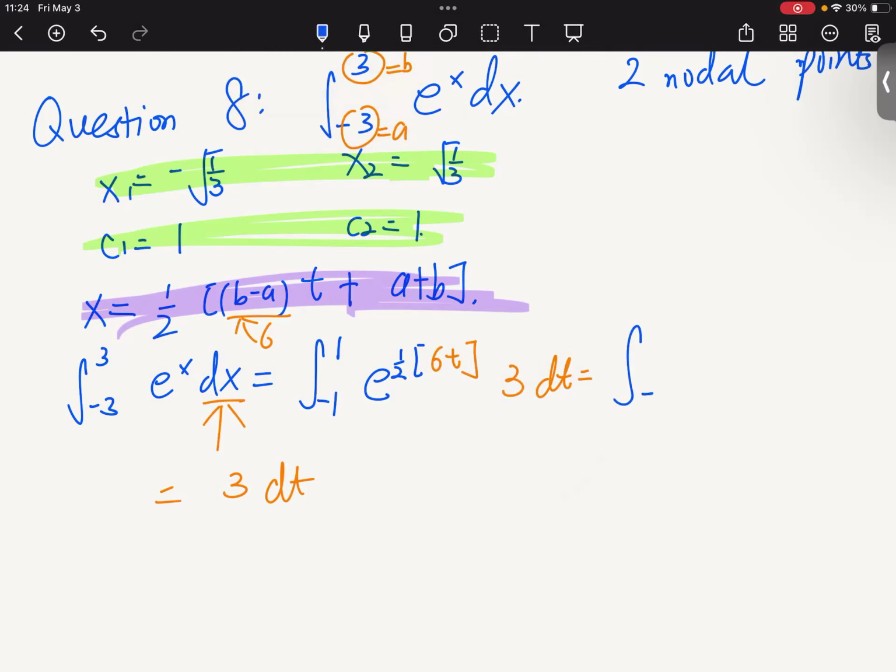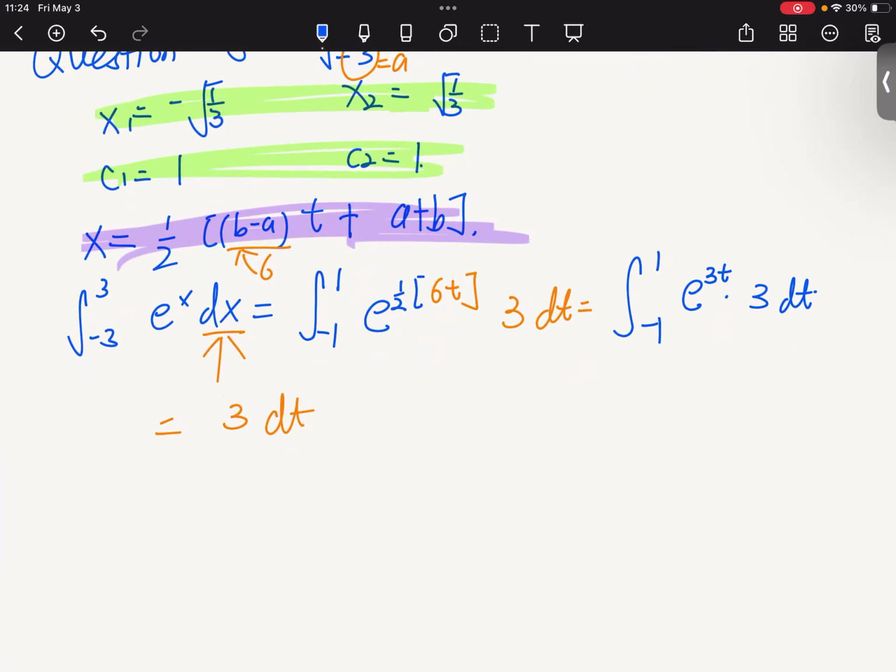At the end of the day, you get such a function: the integral from -1 to 1 of exponential 3t times 3 dt. Now we are going to apply the Gaussian quadrature rule to this function.